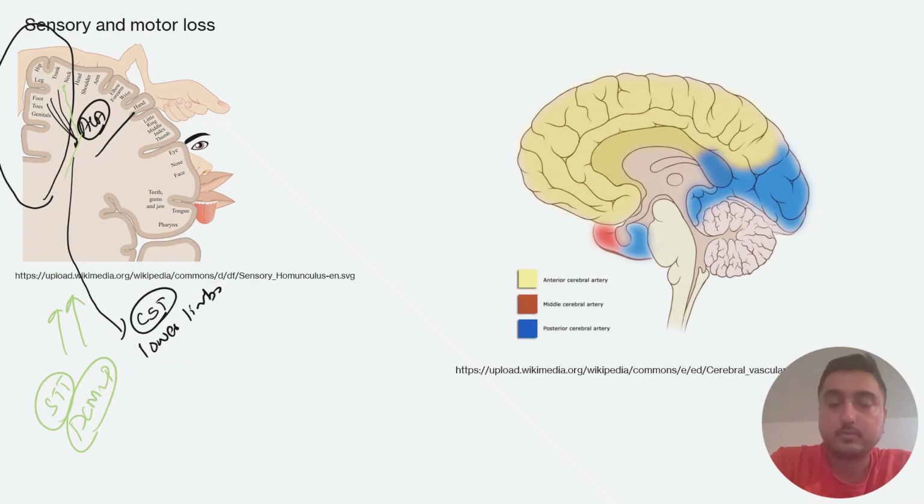If we see the brain from inside, there are different areas that are represented on the medial side of the cerebral cortex. As I said, one is the cingulate gyrus. The other area would be the medial frontal lobe.